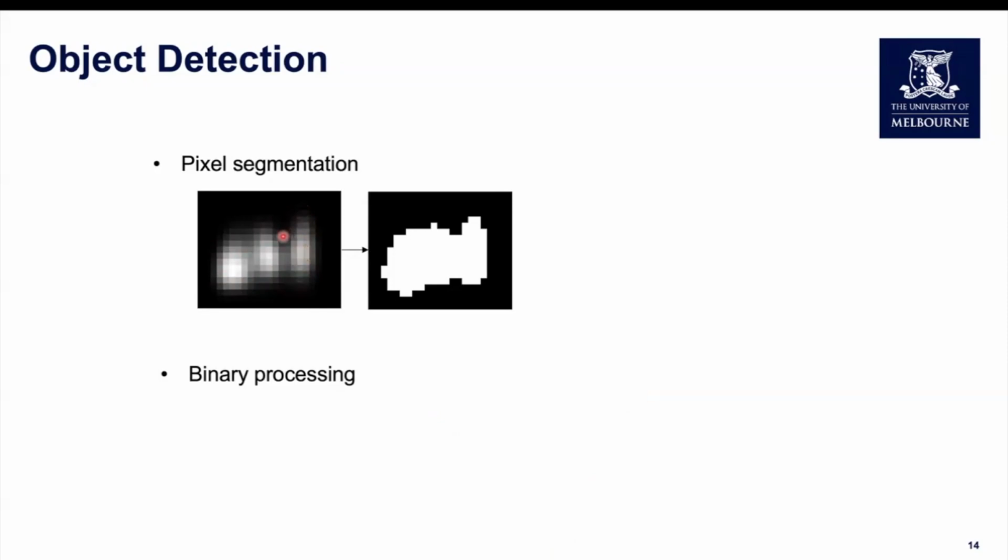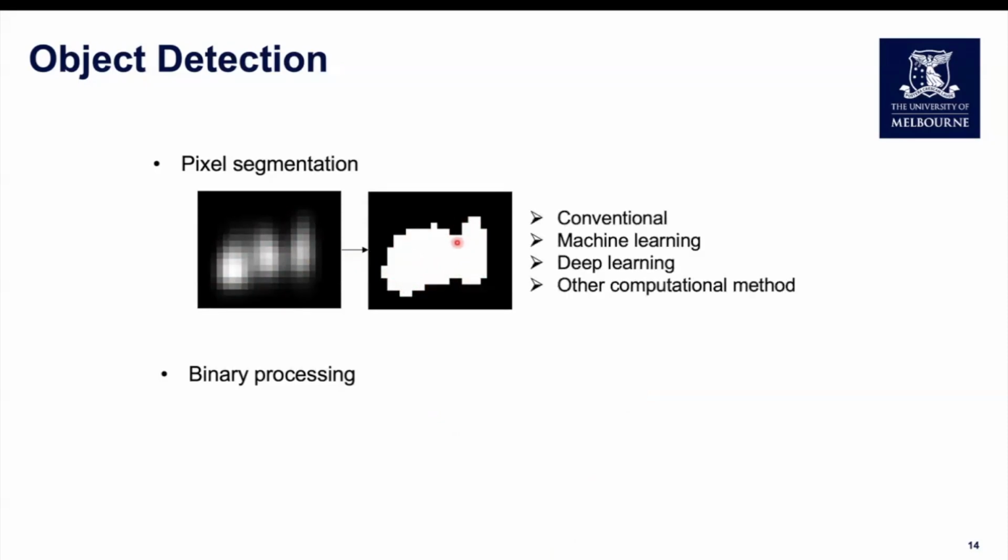Using a threshold approach, we can create what's called a binary mask. Basically, we're telling the software we only want to analyze within this white region here. There are multiple ways of doing that, and we'll cover some of those in the Fiji for Quantification workshop. So as I mentioned, conventional thresholding, machine learning approaches, using deep learning models, and lots of other ways as well.